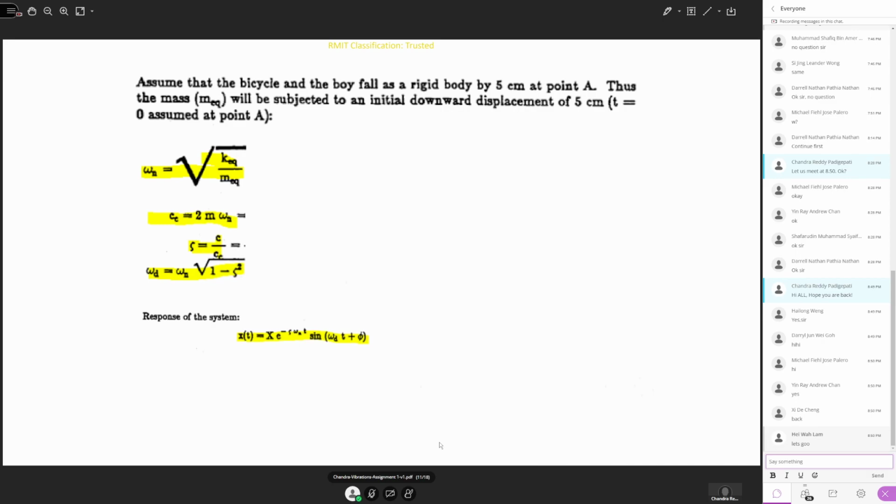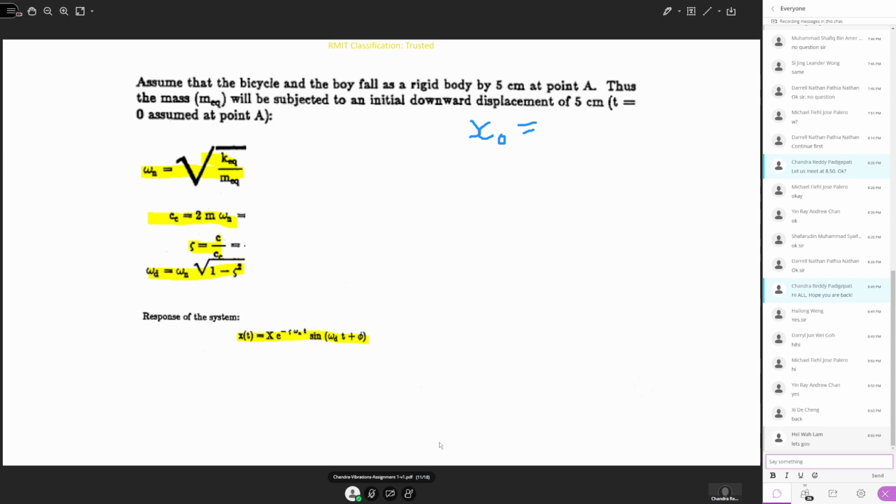Assume that the boy and the bicycle are considered as a rigid body. Rigid body means no displacement. 5 cm at point A. So thus the equivalent mass will be, so basically you can say that the x naught is 5 cm.